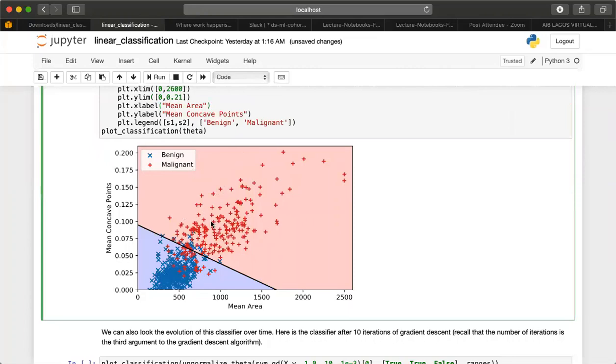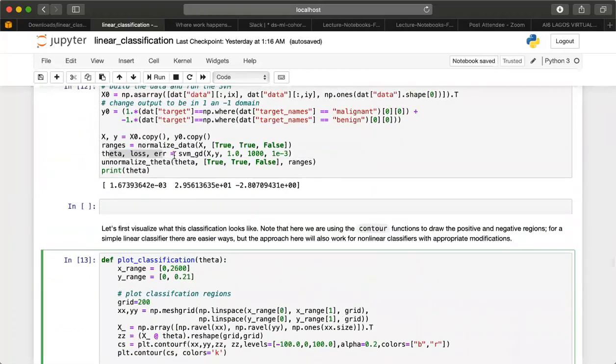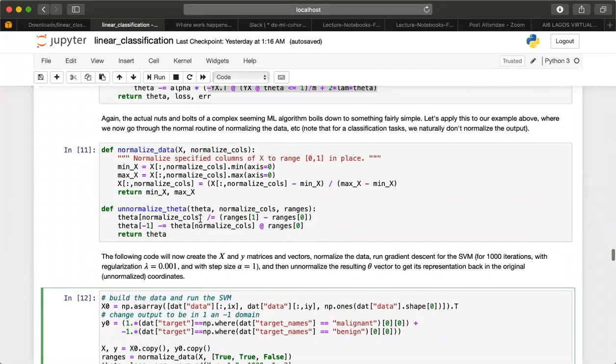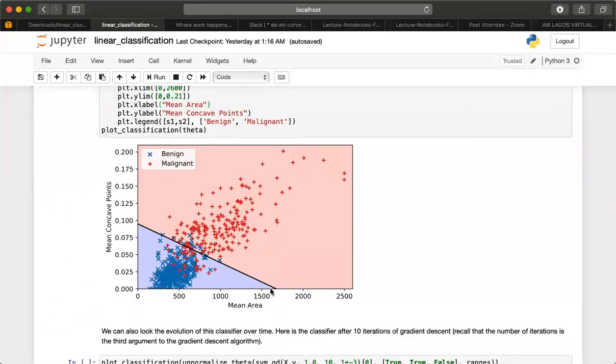So you find out that this particular SVM that we have defined here, based on the optimization function and all the things we've defined, this is the line it uses to separate the malignant and the benign cancerous cells.